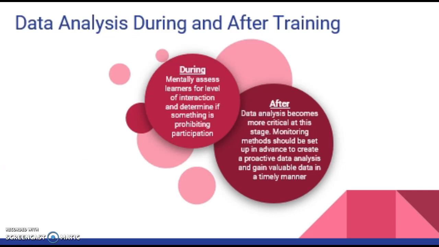So some data analysis during and after training. While the training is going on, the trainer would mentally assess the learners for their level of interaction and determine if something is prohibiting participation.